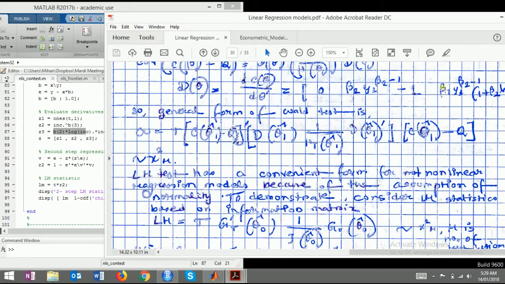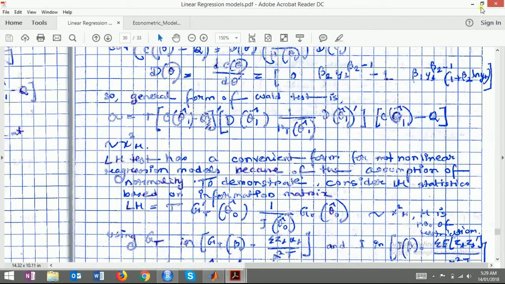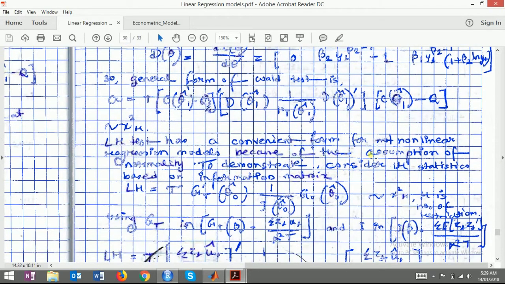First we take ones out, then we take the second element beta 2 income to the power beta 3, then we take the third element b2 into log of income into income to the power beta 3. Then in rows we have z, z1, z2, z3 values.